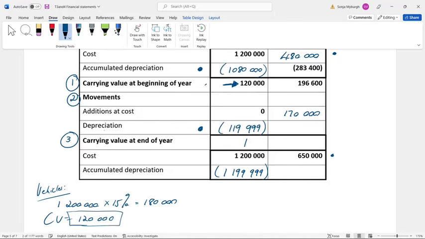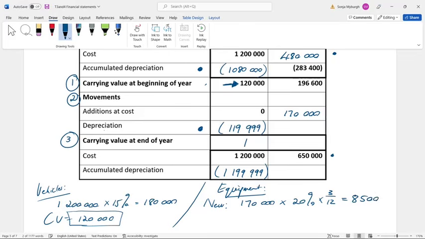Equipment, again we must calculate separately the new equipment that we bought, 170,000, and that was at 20%, and we had it for 3 months. We bought that on the 1st of April, May, June. 3 months to give us the depreciation of 8,500.